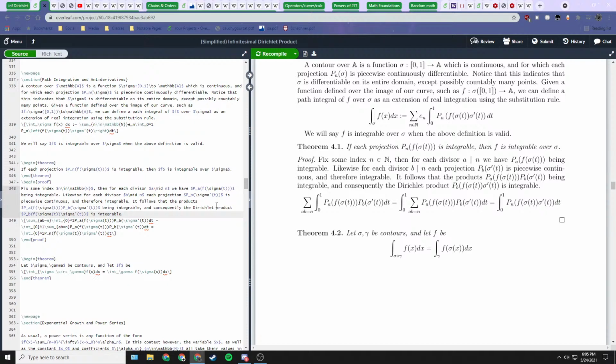So each piece of B of sigma prime is integrable. Our piece of A of f of sigma t is integrable. So the Dirichlet product, this should be piece of n, and we have f of sigma t times sigma prime t. That'll be integrable.